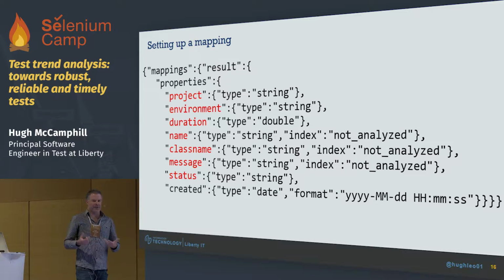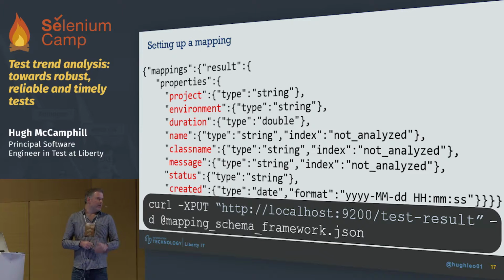Environment is just going to be the test environment. Again, if you're using a continuous integration server to run your tests, you probably have a handle on this. And then created, which for us is just the date timestamp of the particular run. And this, just for reference, is how you actually set up the schema for Elasticsearch.